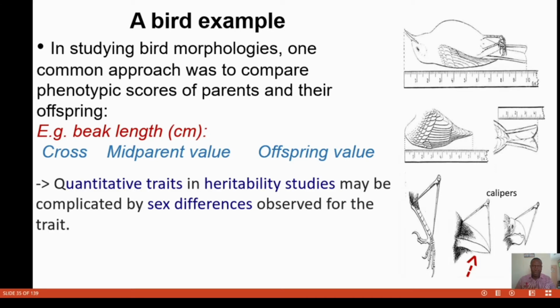So here, when we are looking at the example of the birds, we see that quantitative traits in heritability studies, because of the variation, may not be that straightforward. They are in fact complicated by the sex differences observed for the trait.